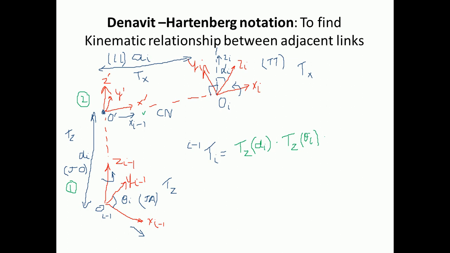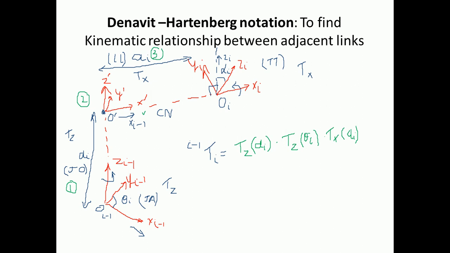Now next step we have followed, we do translation about x axis, the homogeneous transformation matrix representation in x direction, and the parameter represented by ai, and this is called as link length.